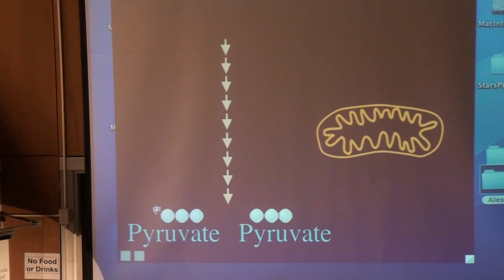All right, so remembering that the cell had to invest 2 ATPs but then got paid off 4 ATPs in the second half of the pathway, the net yield is a gain of 2 ATPs for the cell and 2 of these high energy electron carriers, the NADHs, for every glucose that goes through glycolysis.